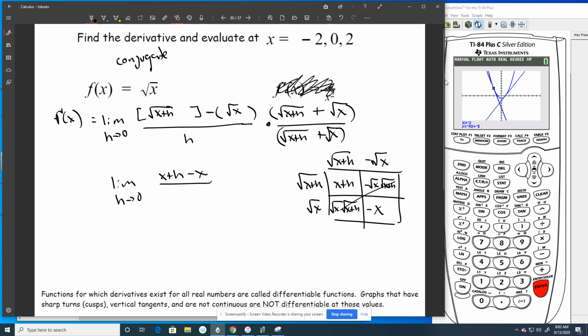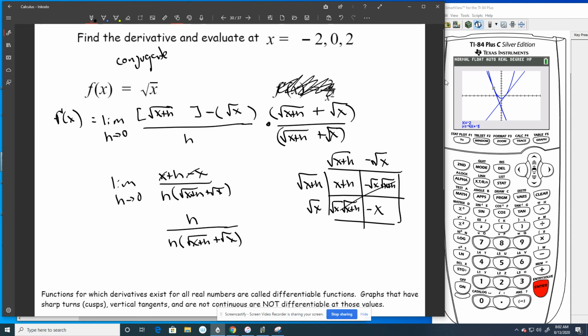And I still have the bottom that I need to distribute. So I've got h multiplied by the root of x plus h plus root x. And I'm not going to actually multiply that. I'm not going to factor or distribute that through, because before you distribute on the bottom, these x's are going to cancel, which means I have h on top, and on the bottom I have h times root of x plus h plus root x.